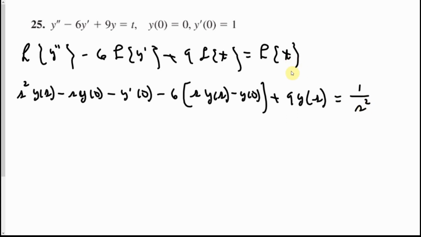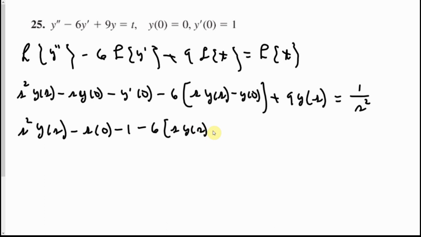So now let's plug in our initial conditions. Minus s times y of 0. Y of 0 is given to be 0. Minus y prime of 0, that's 1. Minus 6 times s times y of s, that's an s. Minus y of 0 is 0.